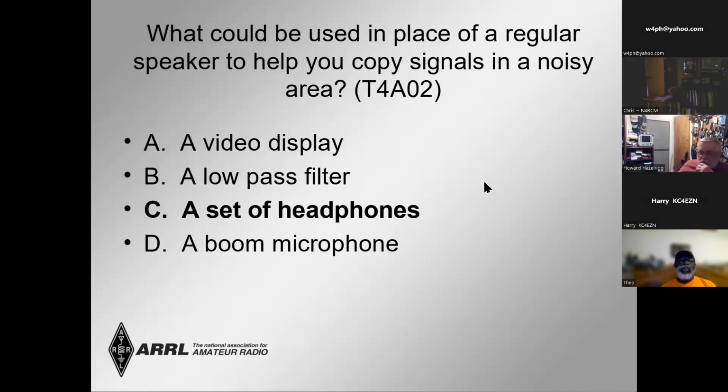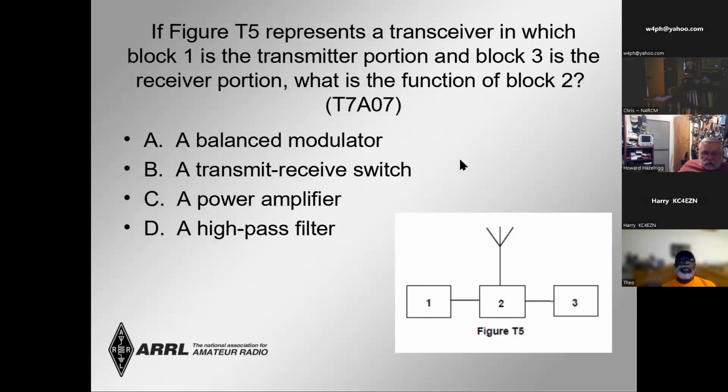C, a set of headphones. Figure T5 represents a transceiver in which block 1 is the transmitter portion and block 3 is the receiver portion. What is the function of block 2? And that's your transmit receive switch.